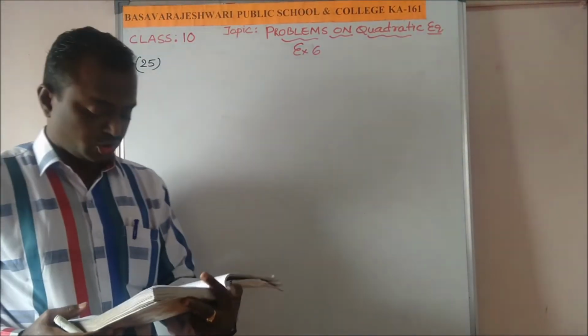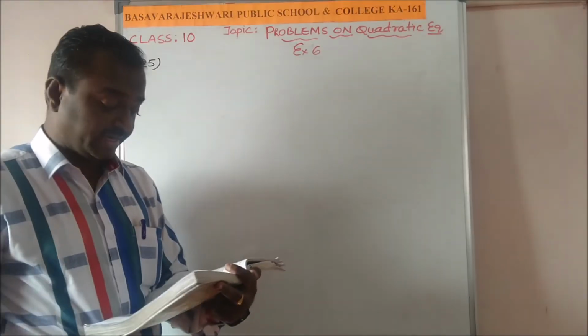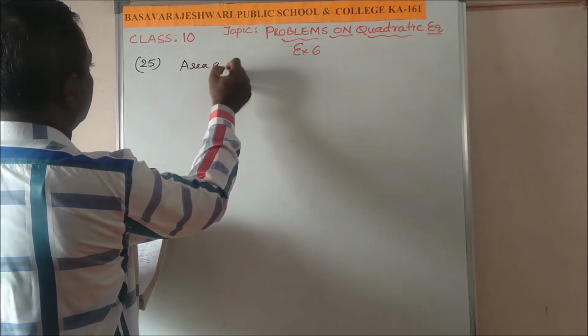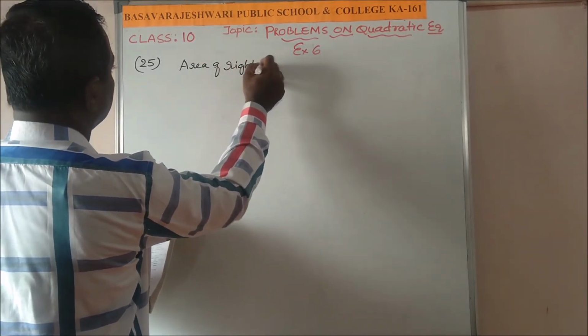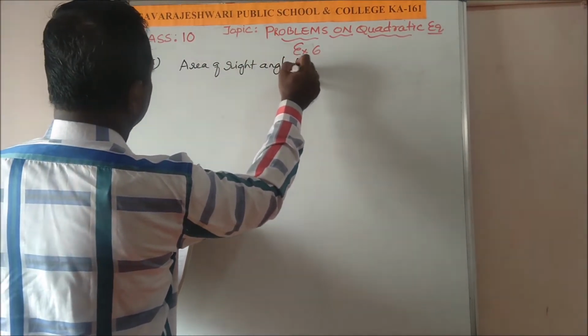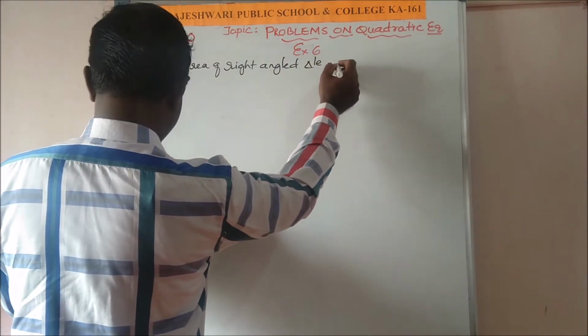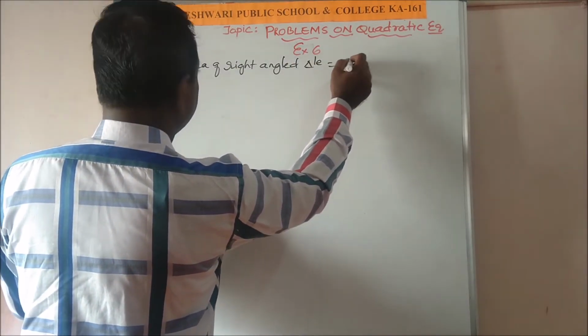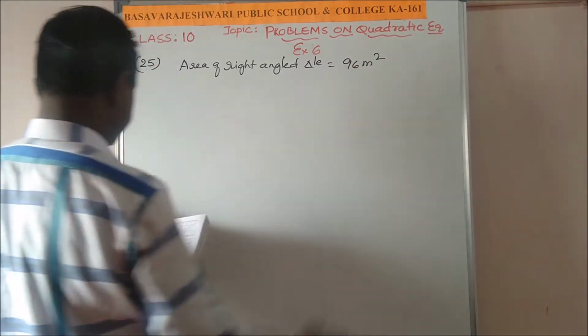So now move on to question number 25. The area of a right angled triangle is given as 96 meter square.